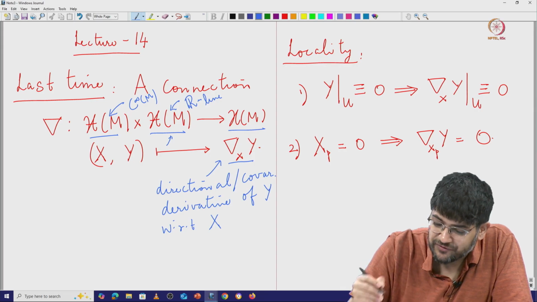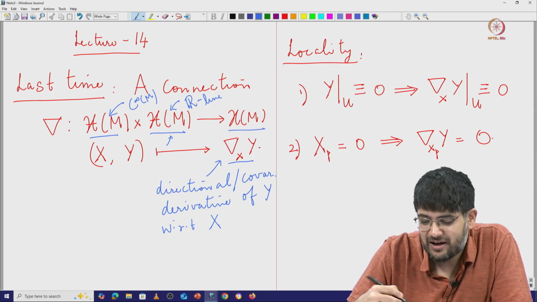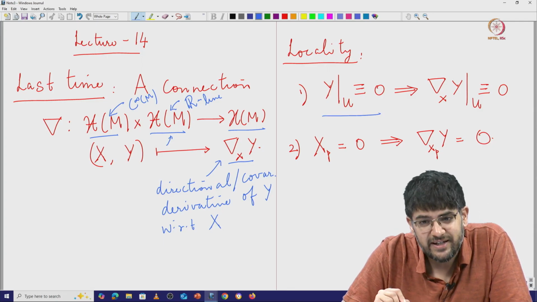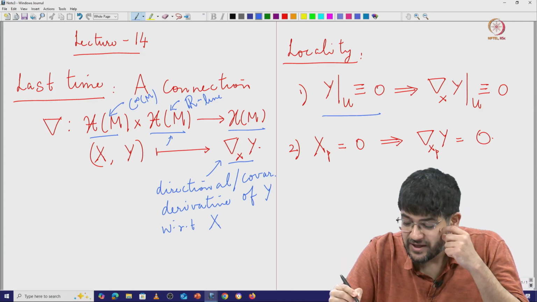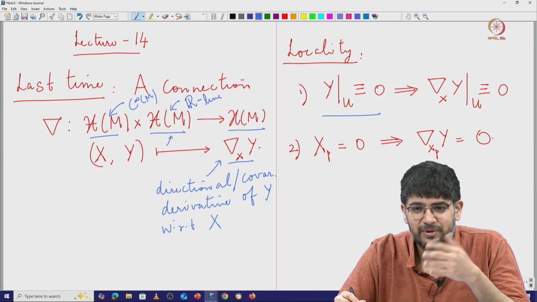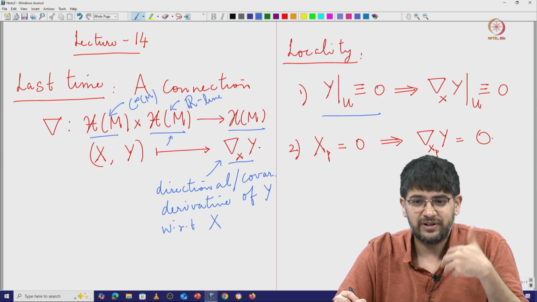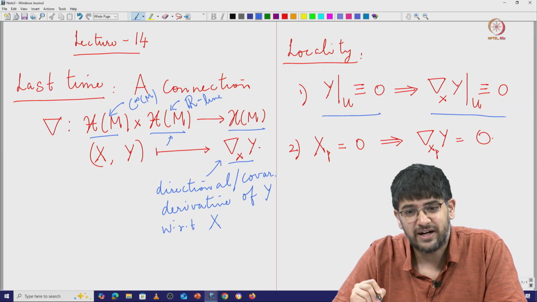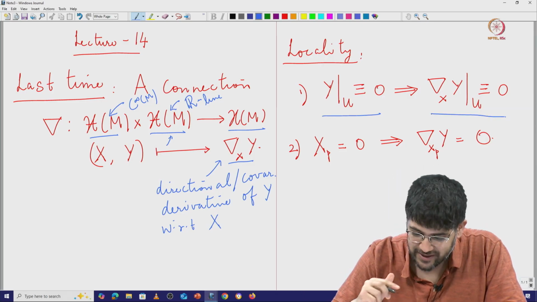Two consequences of this are these locality properties. Namely, suppose Y is identically 0 on an open neighborhood, then that implies that whatever directional derivative you take with respect to whatever vector field, that will still be identically 0 on that open set.